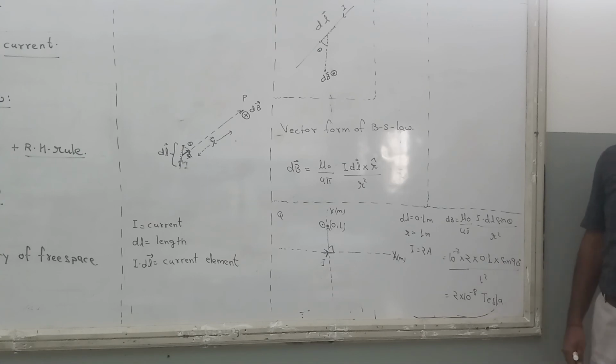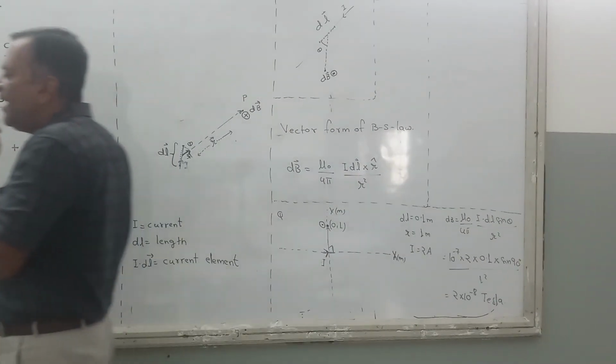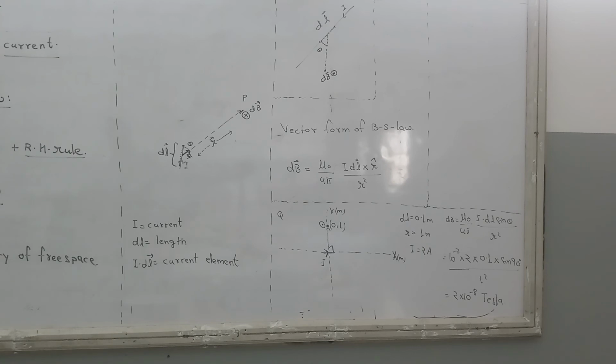It is so small that this cannot be detected, and for this purpose Biot-Savart law cannot be experimentally verified. You can experimentally verify Coulomb's law, universal law of gravitation, but this law is a bit difficult to verify, and now you know why. Because magnetic field is so small that it cannot be detected by any of the magnetic instruments.